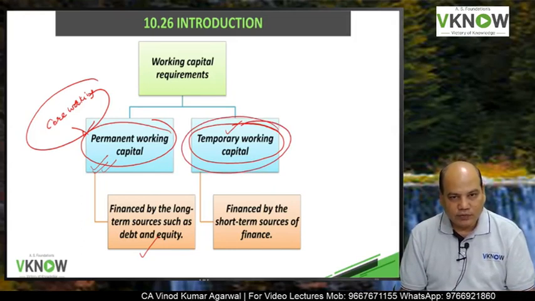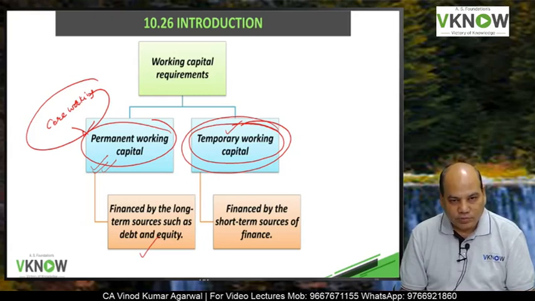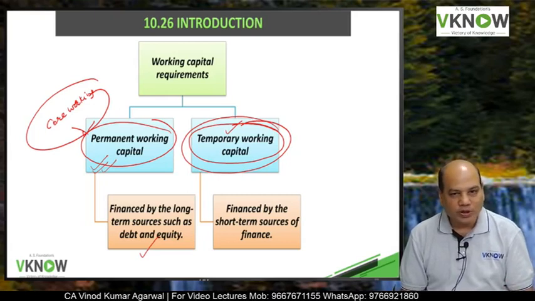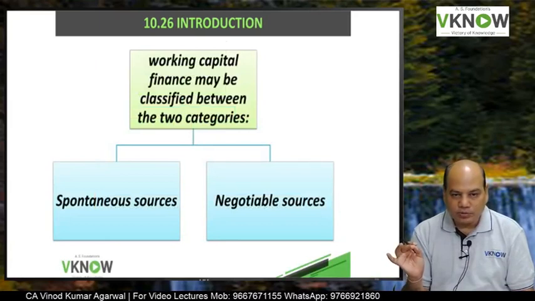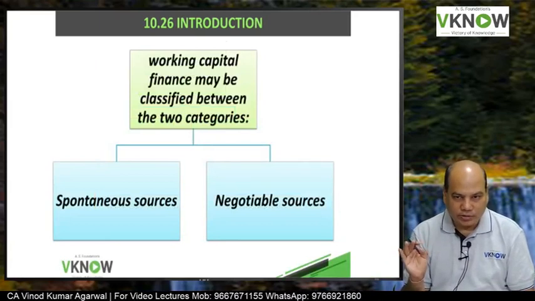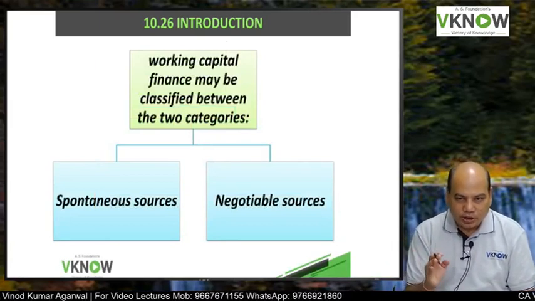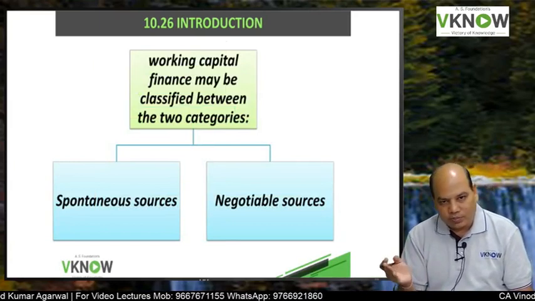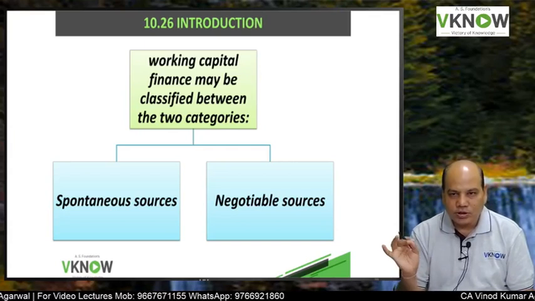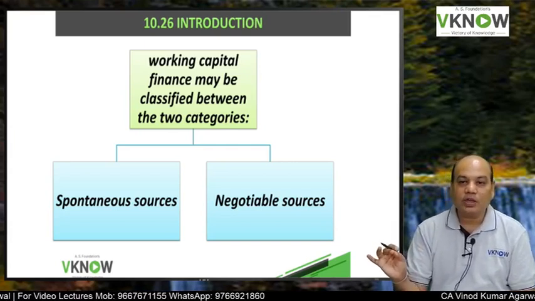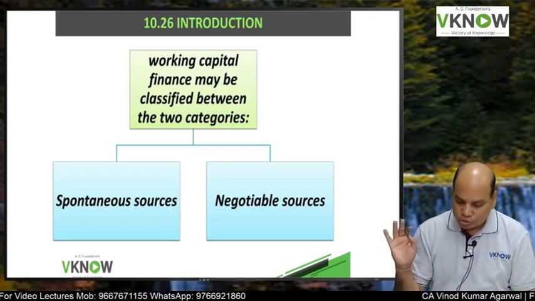Yes, therefore, it is financed from short-term sources. Once your need is over, you can repay the loan. So that is one basic principle of working capital financing. Identify permanent portion, identify temporary portion. Permanent portion should be long-term sources, temporary or variable working capital should be financed from short-term sources.